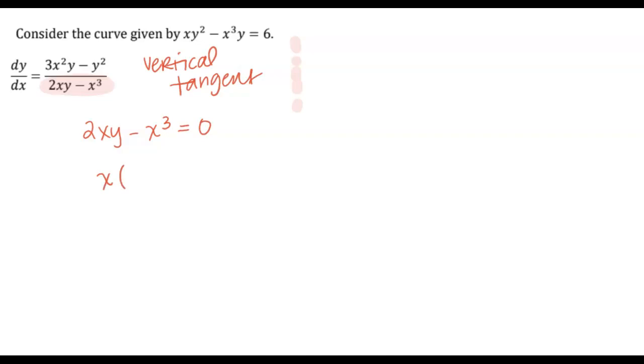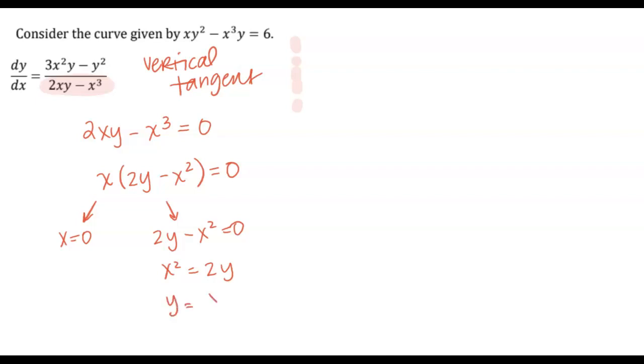Again, I'm going to factor, and then I'm going to set my two factors equal to 0. So we have x is equal to 0 and 2y is equal to x squared. Or maybe we'll do y is equal to x squared over 2.